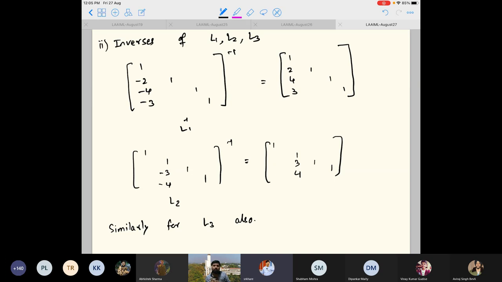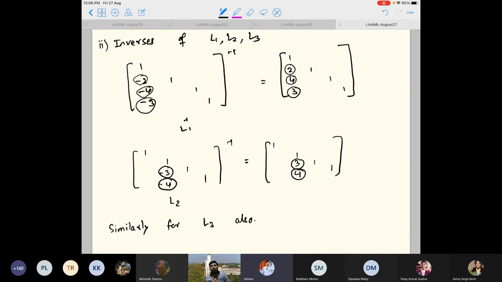And it looks like computation of inverses of L1, L2, L3 is no big deal. Is it not? Whatever entries you are seeing here, you are just taking negative of that entry here. And when you take negative of that entry, you get the inverse. All other entries remain as is. Whatever entries you are seeing here, minus 3, minus 4, you take negative of those entries here and all other entries are unchanged, zeros remain 0, 1 remains 1, and this is your inverse.